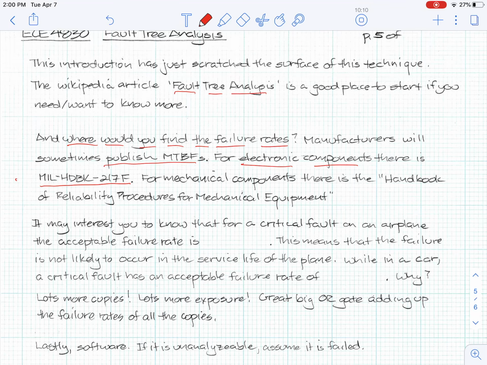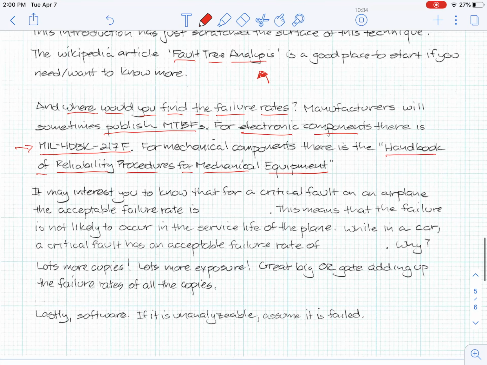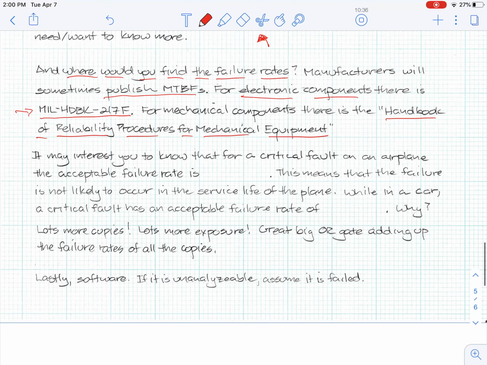This handbook will tell you that. For mechanical components, I found a handbook of reliability procedures for mechanical equipment, and this is quite extensive. By the way, going back to the Wikipedia article, they tell you the basis of this. It's based naturally in probability theory, and it was developed in the early 60s at Bell Labs, I believe.